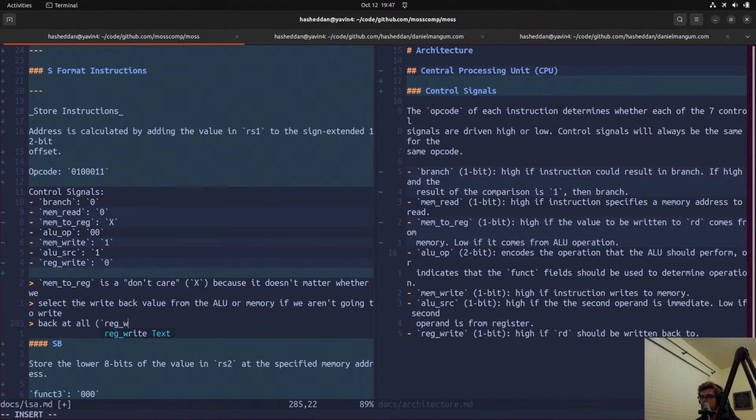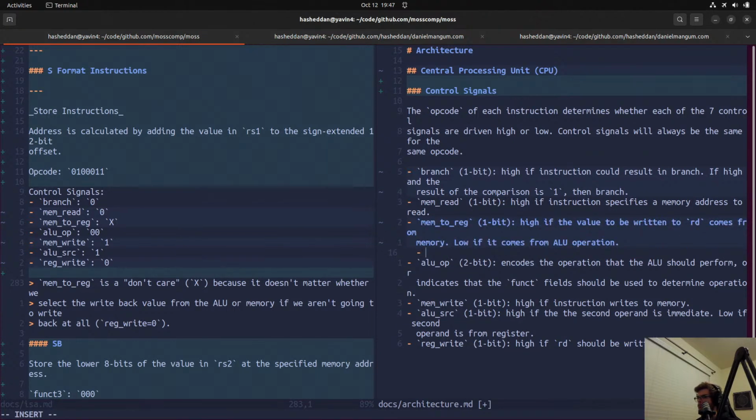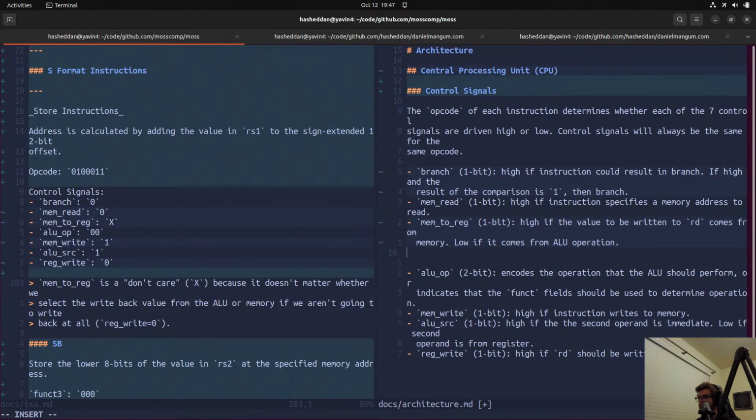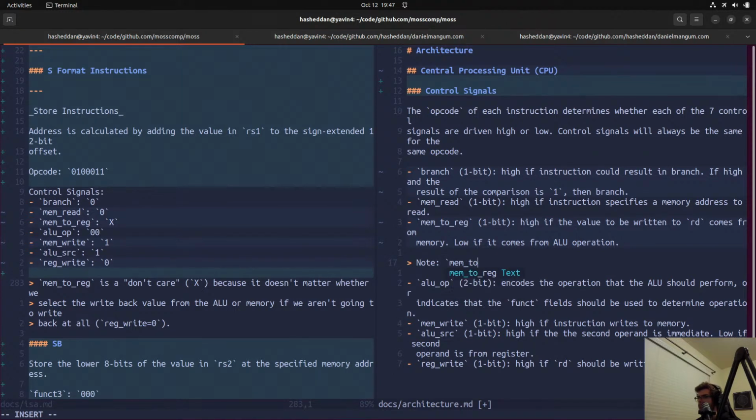And that is indicated by reg write equals 0. Let's say it's inconsequential.